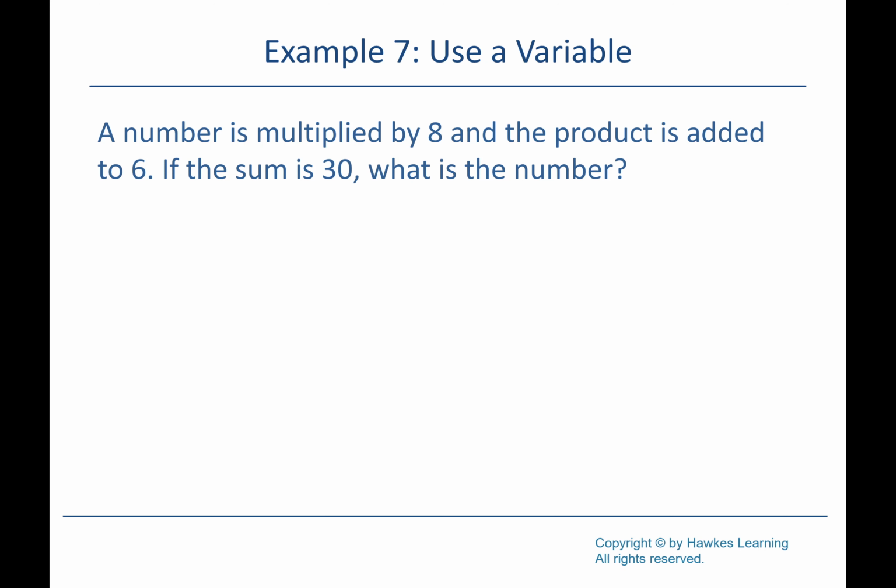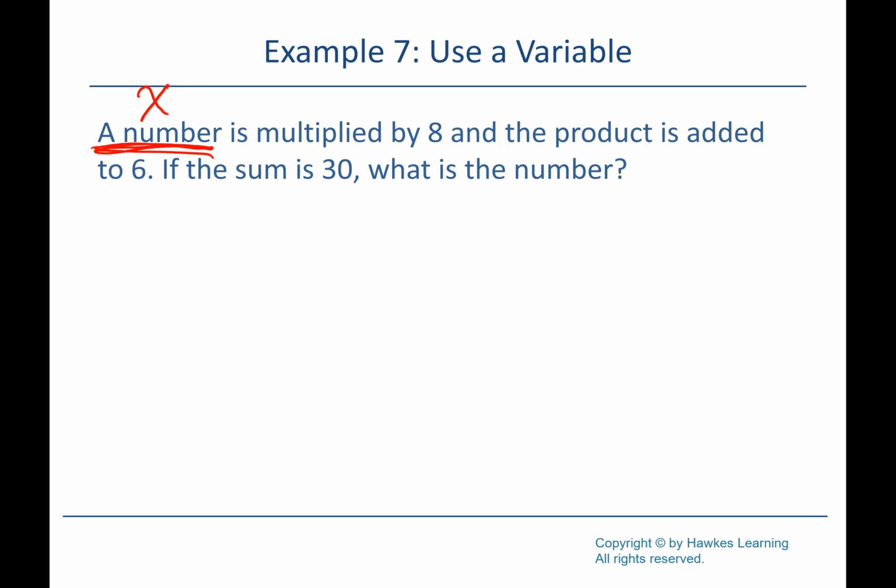So our variable is just going to be this some number or a number, and we can pick whatever variable we want to use. So what variable? X. Okay, I'm fine with that. That's a classic thing. We can use X. So then we just want to change this from words into math symbols.